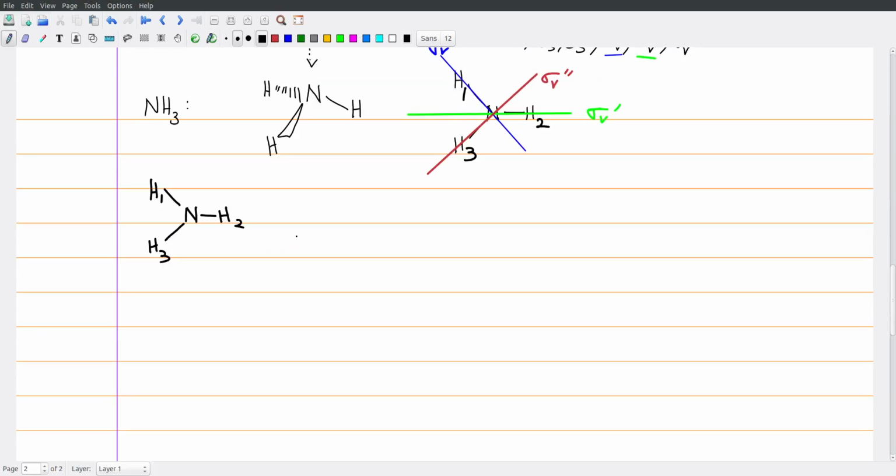The first element I am taking is E. So I have to do a similarity transformation of this with all the elements. The first element is E itself.